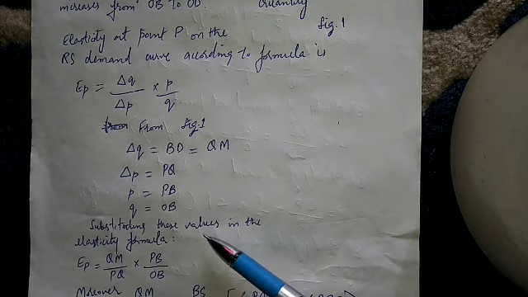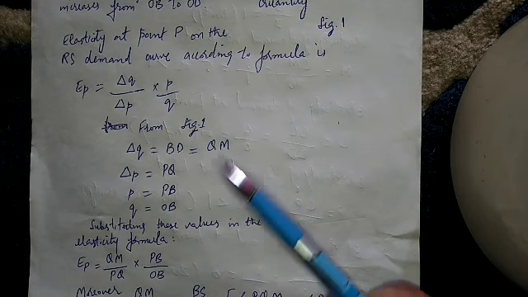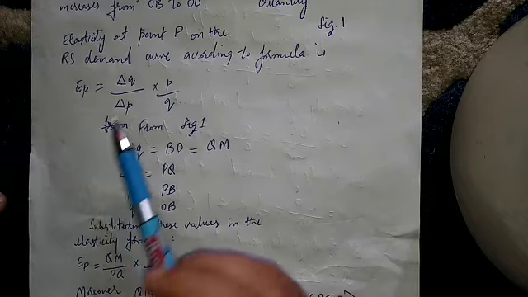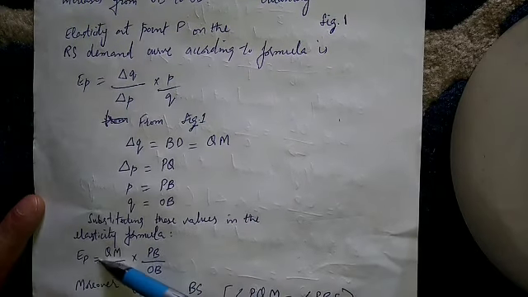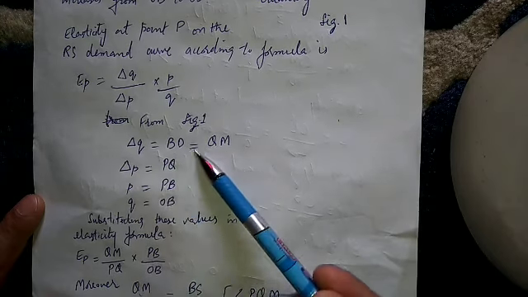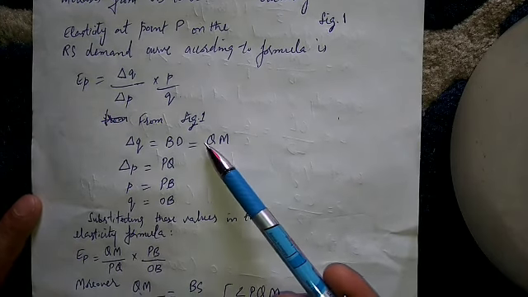Now when we substitute these values in the elasticity formula, price elastic demand is change in Q by change in P into P by Q. Here change in Q is equal to BD or QM.